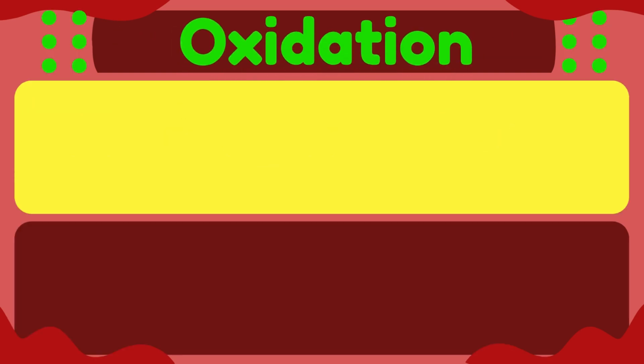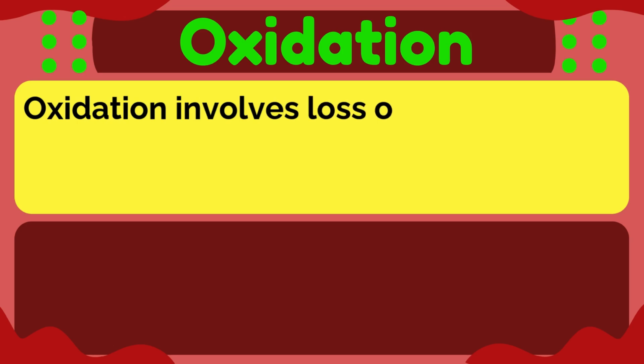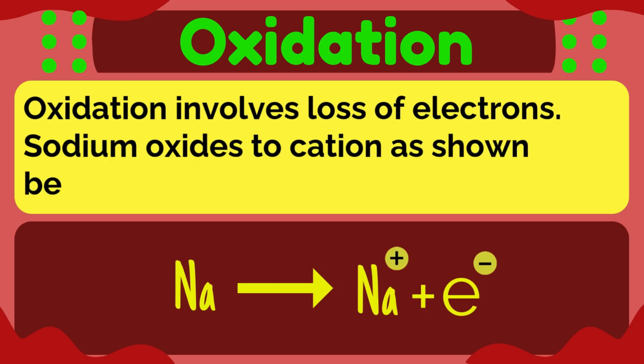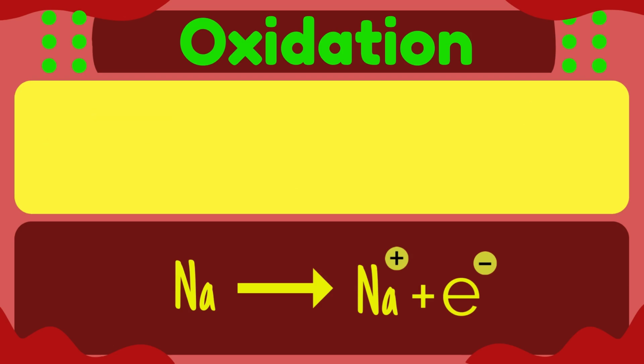Oxidation. What is oxidation? Oxidation involves loss of electrons from an element, that is, sodium is oxidized to a cation as shown below. In the equation you can see that a sodium atom on losing one electron is converted to Na+ ion.